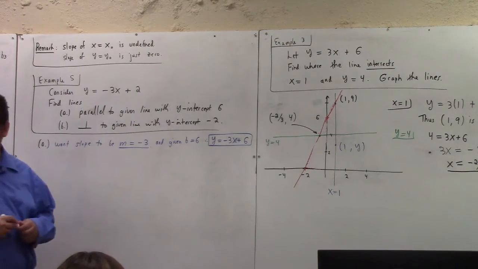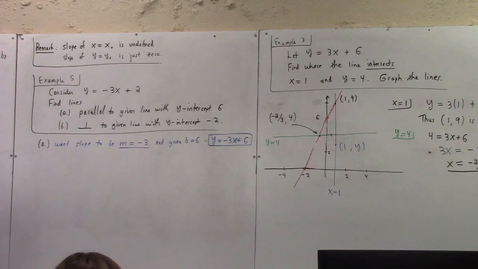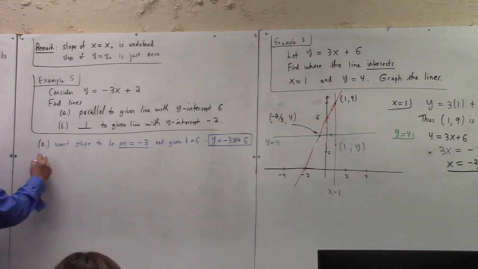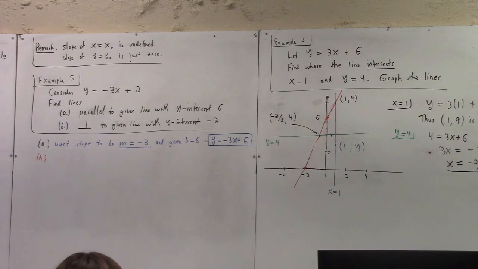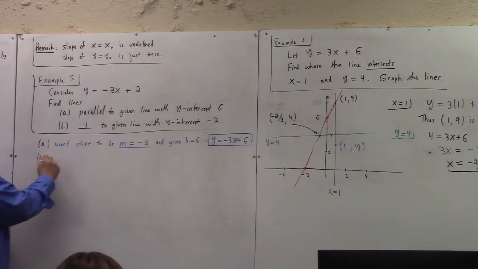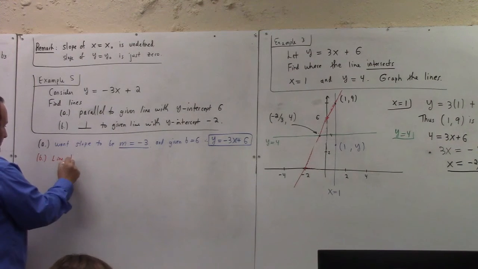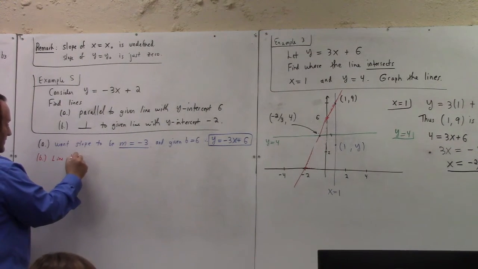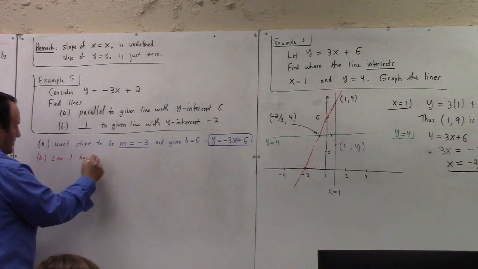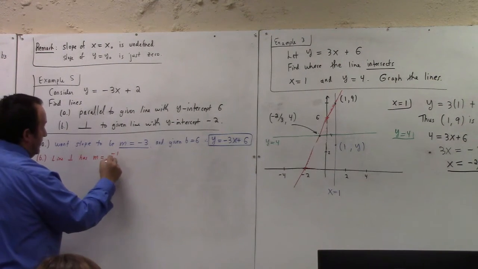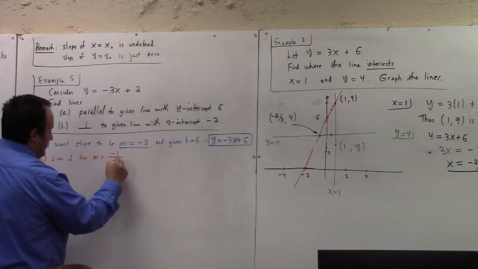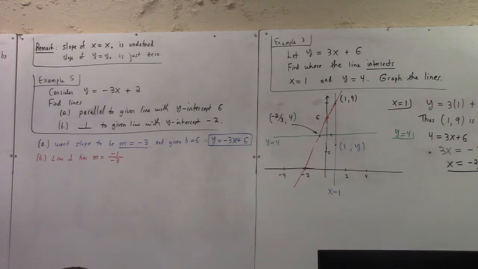How about part B? Let's see here. The perpendicular line has m equal to -1 over -3, right? Negative the reciprocal, right?